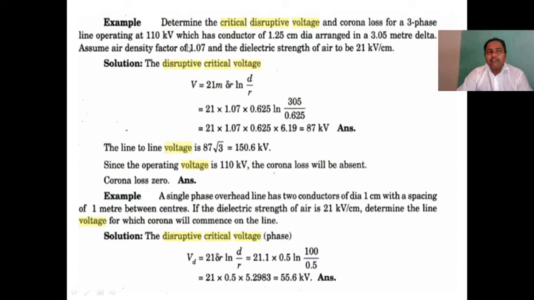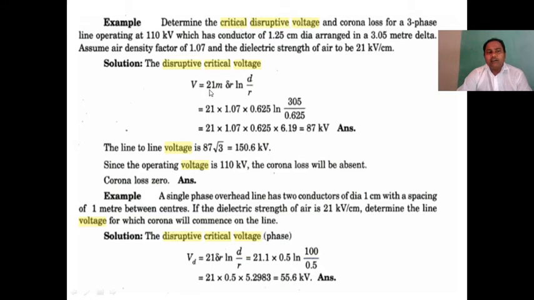Assume a density factor of 1.07 and the dielectric strength of air to be 21 kilovolt per centimeter. In the given data, they ask to determine the critical disruptive voltage. So, what is the formula for critical disruptive voltage?